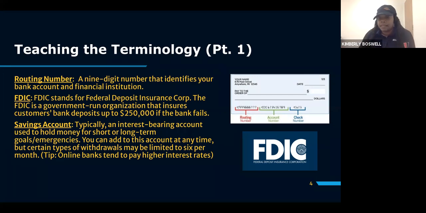So the FDIC said, okay, we cannot manage a nationwide crash of our financial institutions. So they were instituted to protect and insure customers' deposits up to $250,000 in the event that there's a banking collapse.